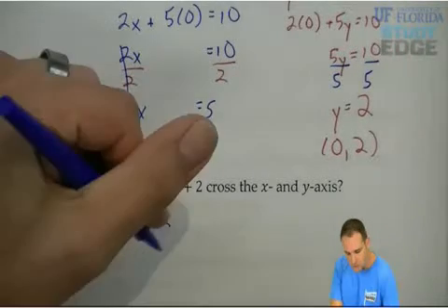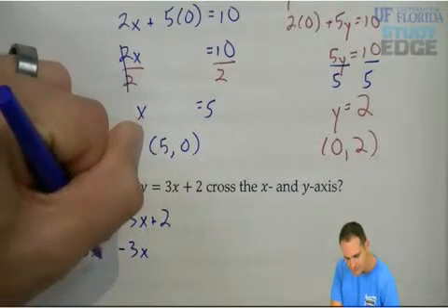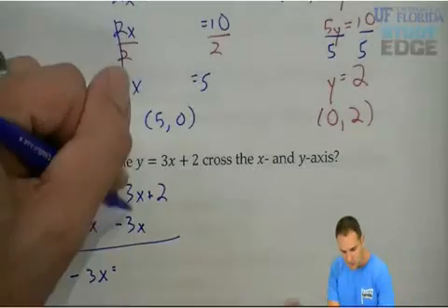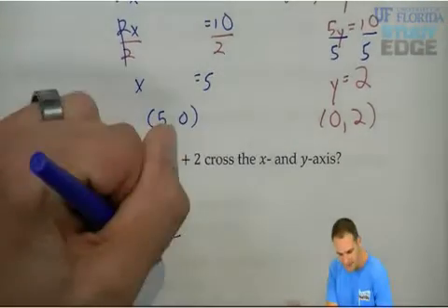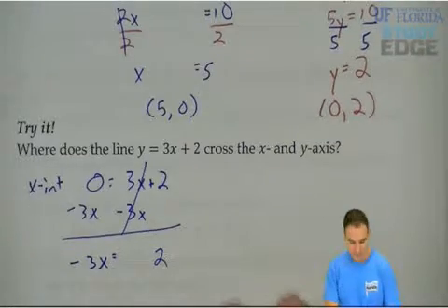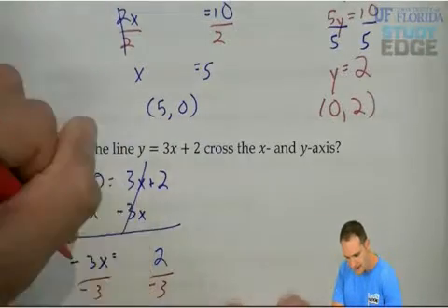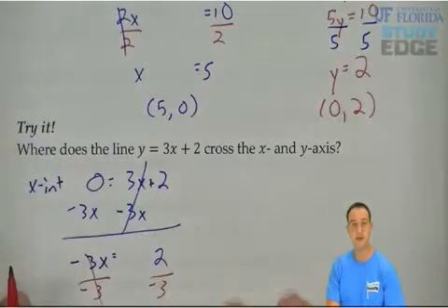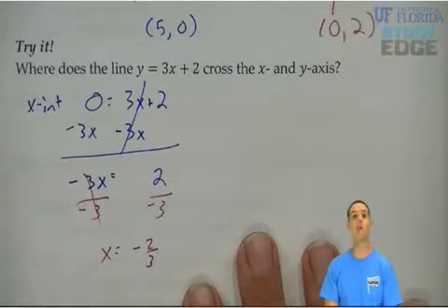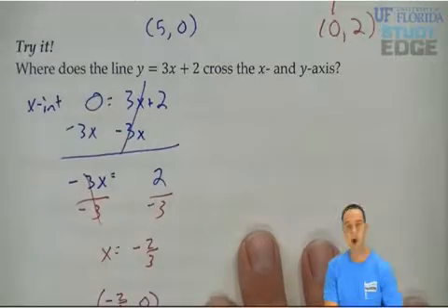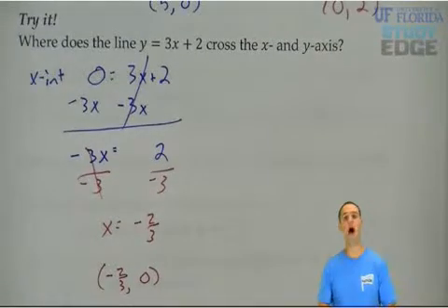In this case, I'll subtract 3x over to the left, and that'll give me just negative 3x on the left-hand side. 3x minus 3x is 0, and that equals 2. Divide both sides by negative 3, and you get x is equal to negative 2/3. But remember, I want the point. X is negative 2/3 and y is 0, because for an x-intercept, y is 0.